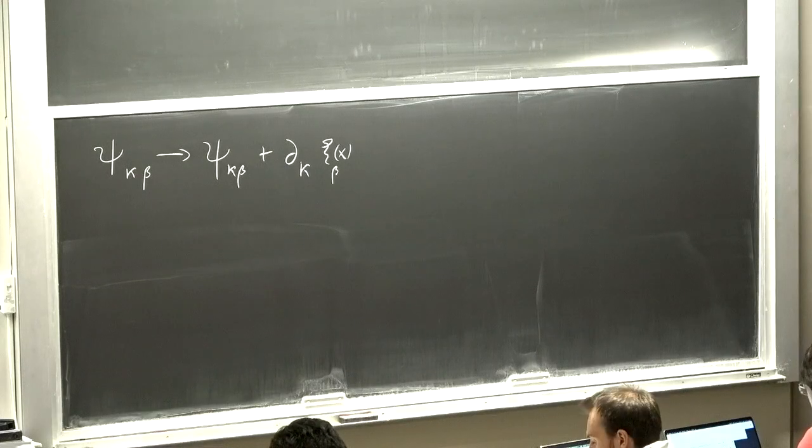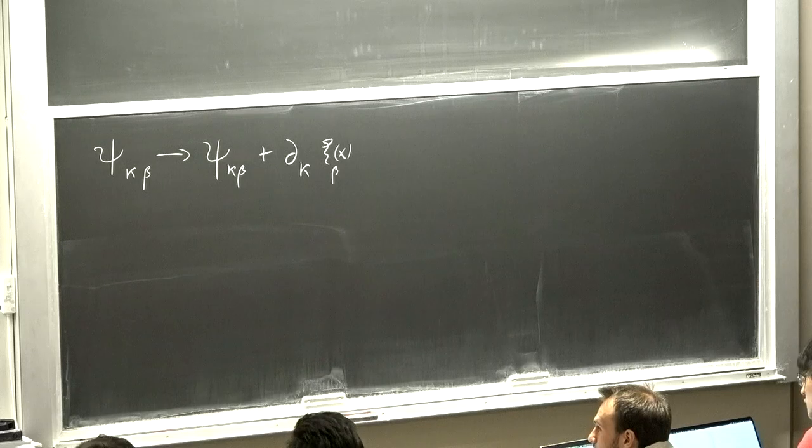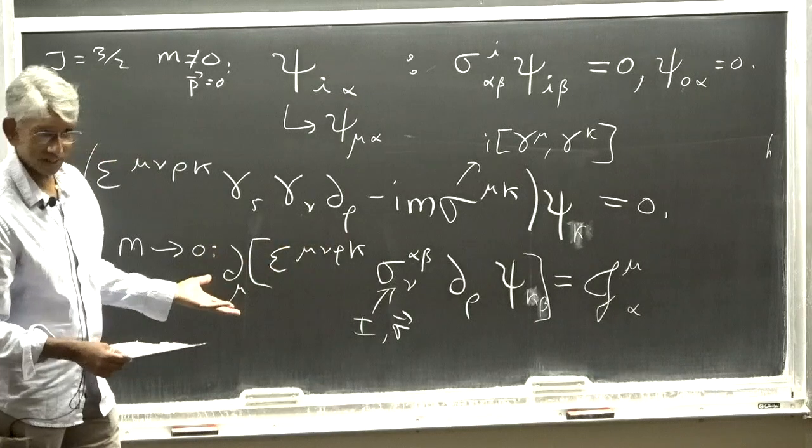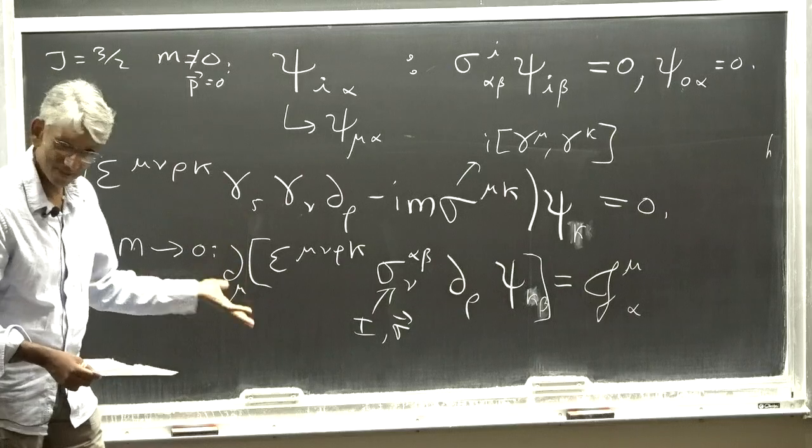And again, if I take d mu of this entire equation, then again the two derivatives are anti-symmetrized, so that's 0. The left-hand side is again trivially 0.